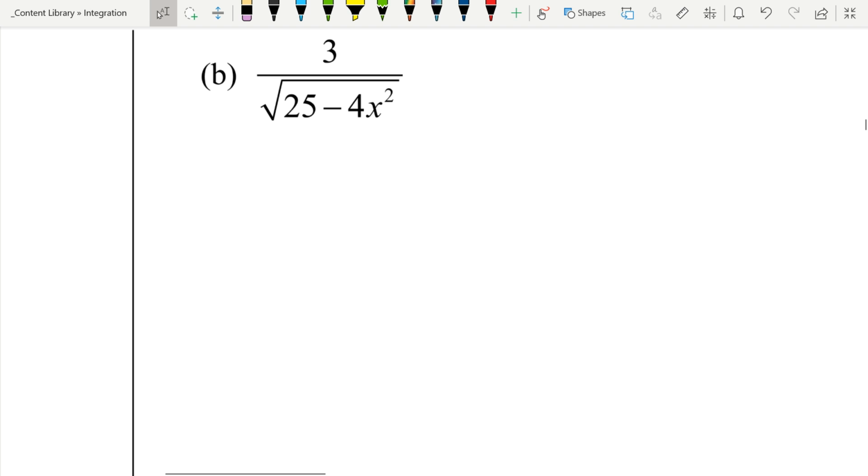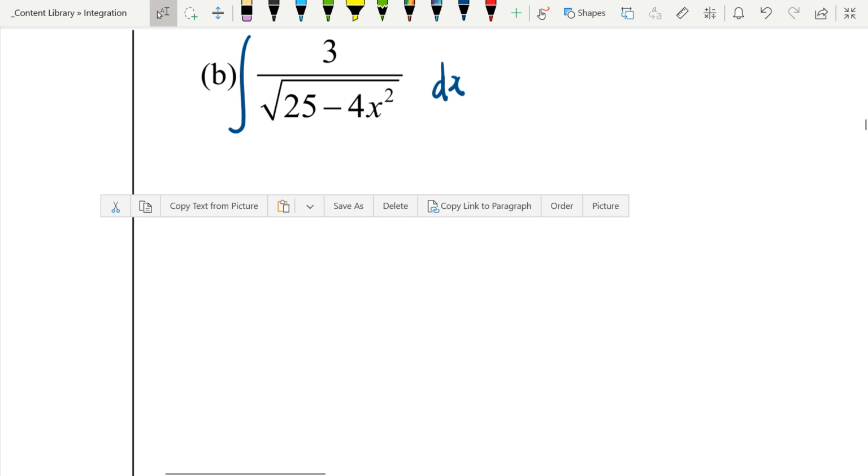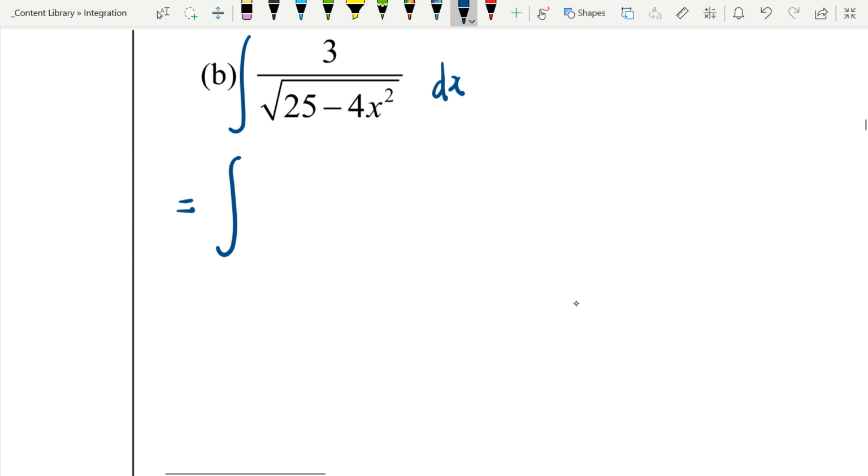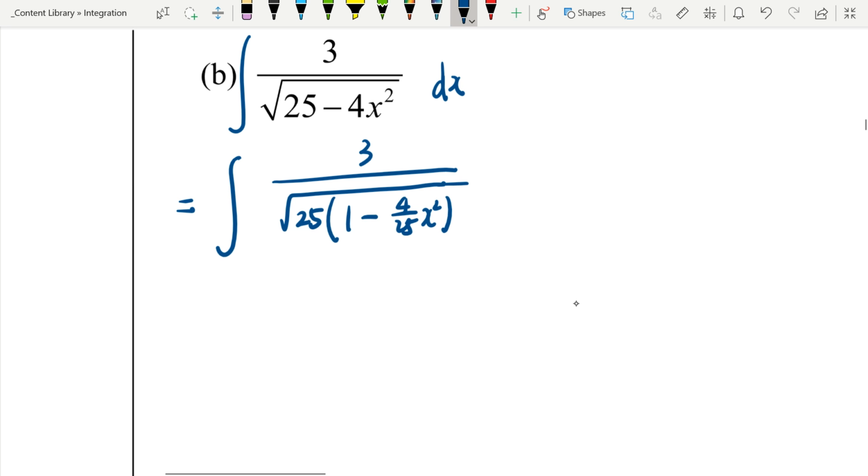The second one. The key thing is I want to get a 1 for the constant. Therefore, that's what we'll have.